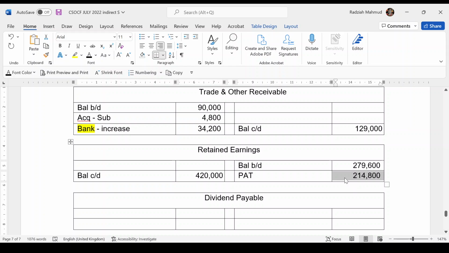Here we take only the profit attributable to equity holders of the parent. We have something missing here, because the debit is less than the credit. This refers to the dividend, so that's why I open dividend payable here.